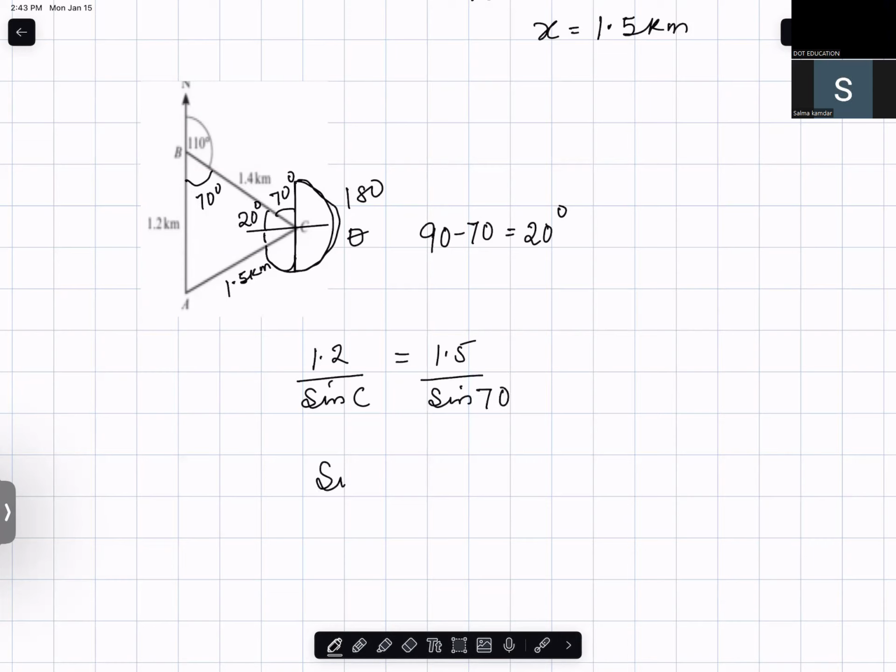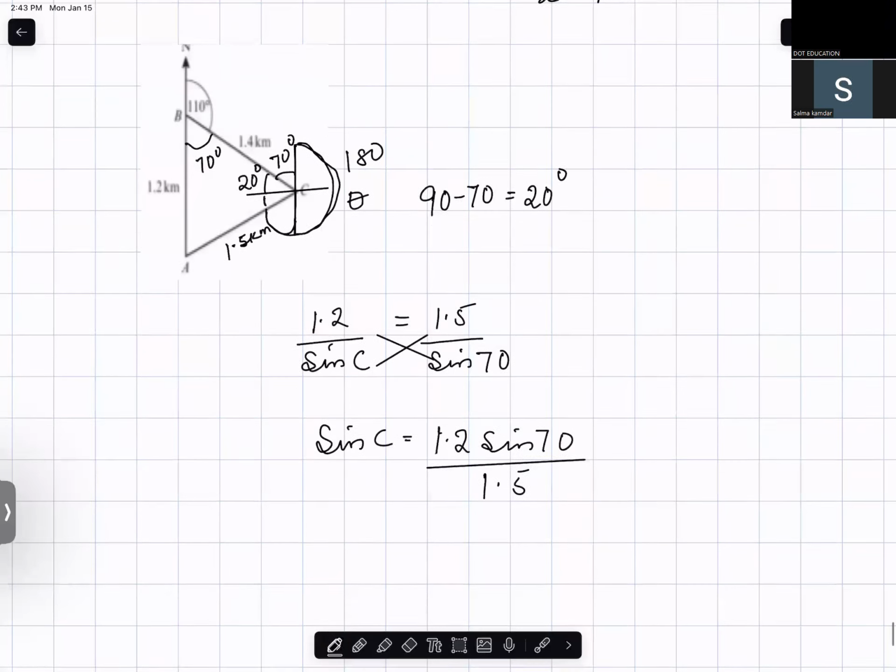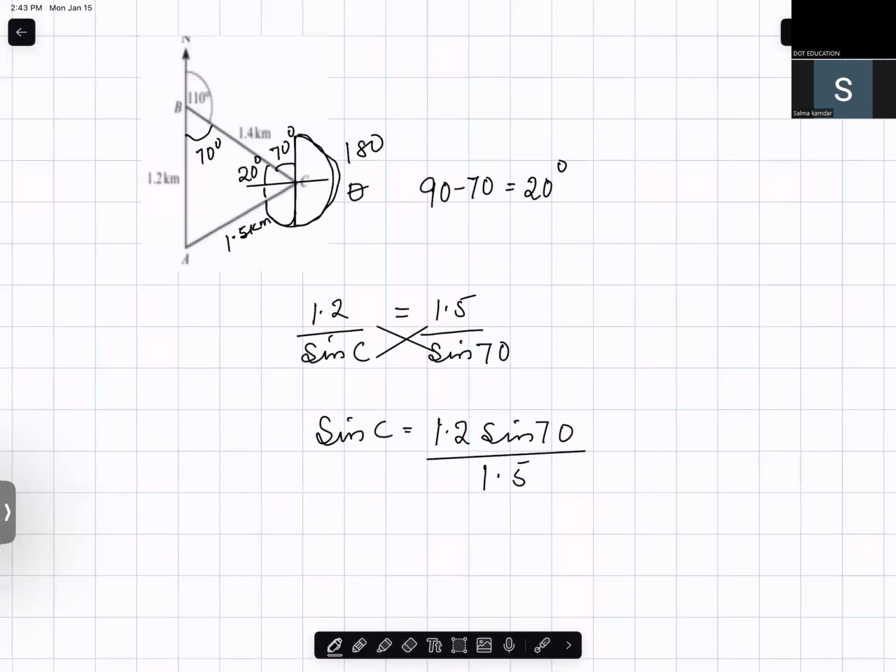So sine C, cross multiplying, is 1.2 sine 70 divided by 1.5, which is 0.7518. So my angle C will be sine inverse of 0.7518, which gives 49 degrees. So simply we are saying the angle at this point here is 49 degrees.